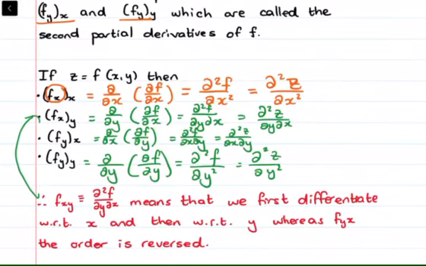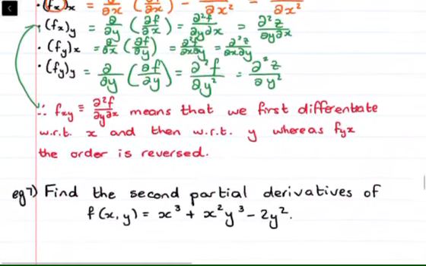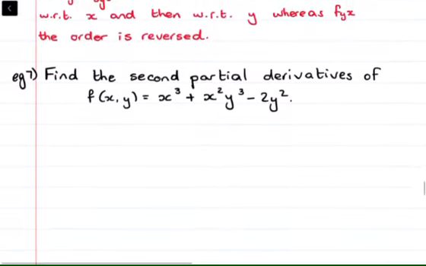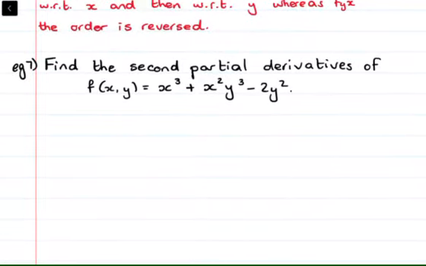Okay, so let us see. Find the second partial derivatives of the following function. So we first need to find the first derivatives, and then from there, try to find the second derivatives. So let's see. The first derivative is fx of xy.